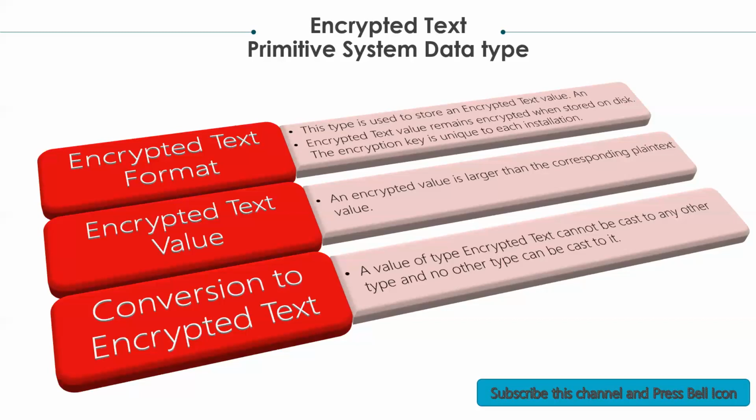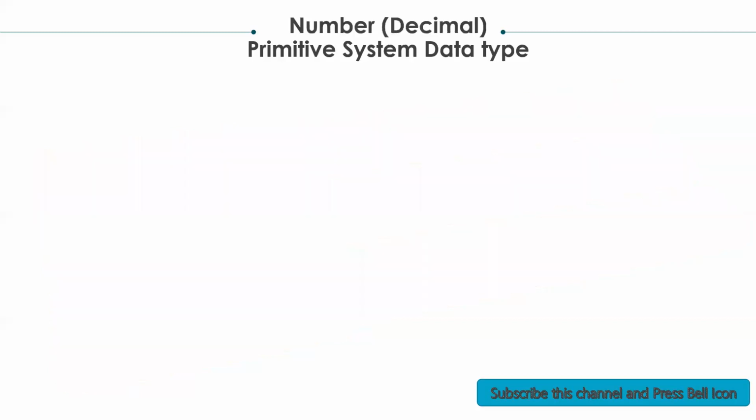Encrypted text entered by one user may be decrypted and displayed to another user if that user has permission to view the interface in which the value is displayed. A value of the type encrypted text cannot be cast to any other type and no other type can be cast to it.